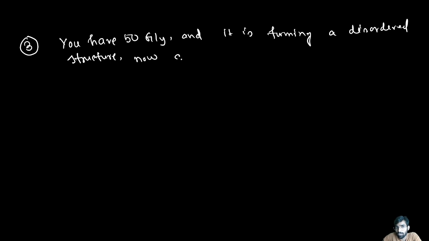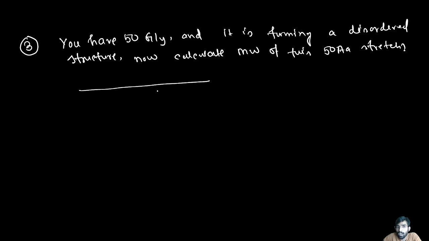Now calculate the molecular weight of this 50 amino acid stretch. How can you do that? 50 into 75, because you know the exact molecular weight of glycine. Here you can't put 110, right?